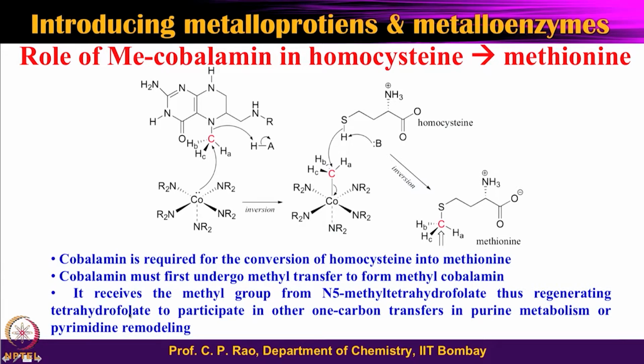So, it receives the methyl group from N5-methyl tetrahydrofolate, thus regenerating the tetrahydrofolate to participate in other 1 carbon transfers in purine metabolism or pyrimidine kind of thing. So, these are all the things that happen, that is why DNA synthesis and other things are there.